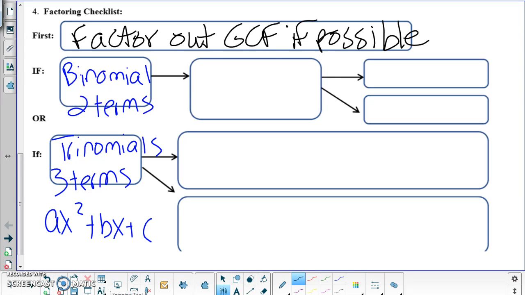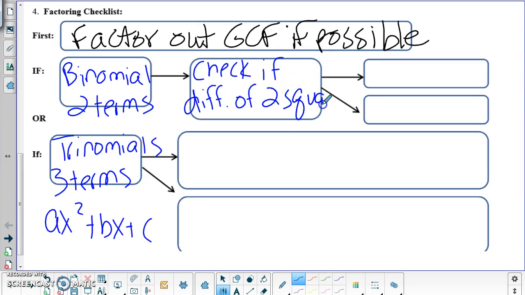Now if it's a binomial, check if it's a difference of two squares. If it is, then you do want to factor. If it's not a difference of two squares, then you are done factoring.